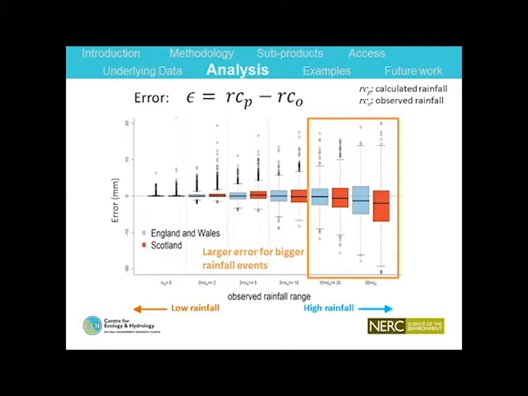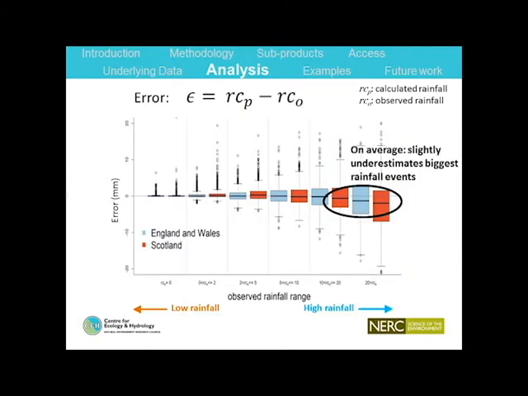Overall, we tend to slightly underestimate the biggest rainfall events. I just want to say here that even though the range of error, especially for the higher rainfall events, looks quite big, if you look at relative errors, actually it's almost always within 5% error, so it's not as big as it looks here.